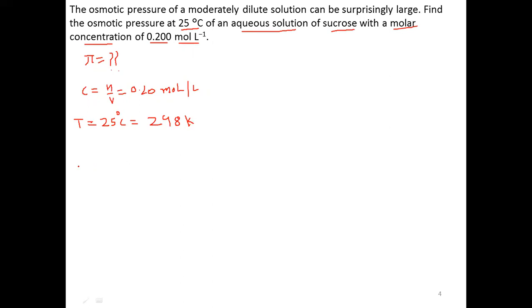Next, R we know, R is 0.0821, 0.082, with units liter atmosphere per Kelvin per mole. Now, volume is in liters, concentration is in mole per liter, so it is okay. Temperature is in Kelvin, okay. Pi we have to calculate.